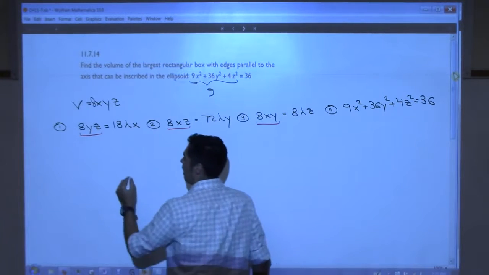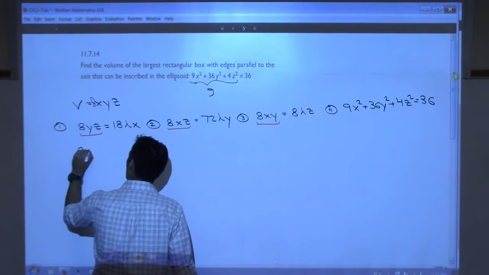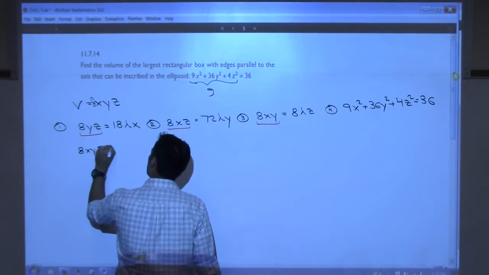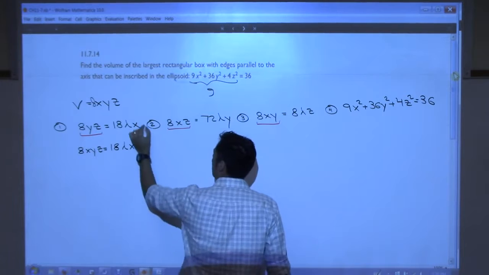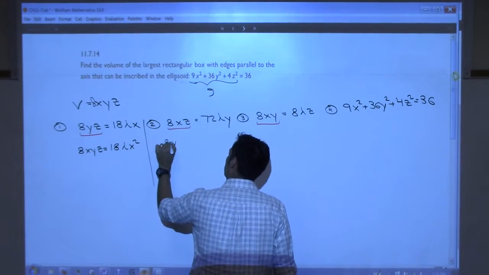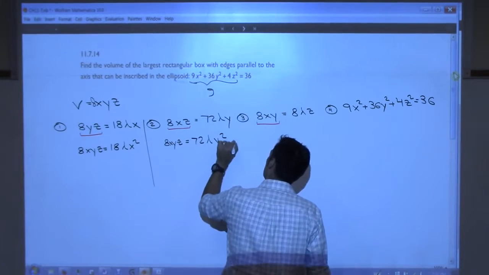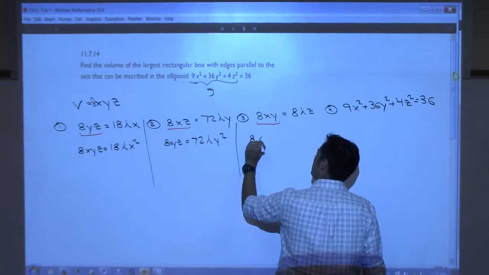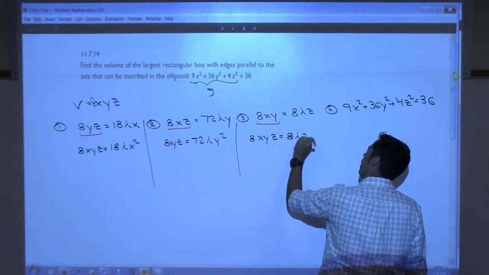So I'm going to multiply this by x, which gives me 8xyz equals 18 lambda x squared. This equation, I'm going to multiply everything by y, so 8xyz equals 72 lambda y squared. And then this equation multiplied by z: 8xyz equals 8 lambda z squared.